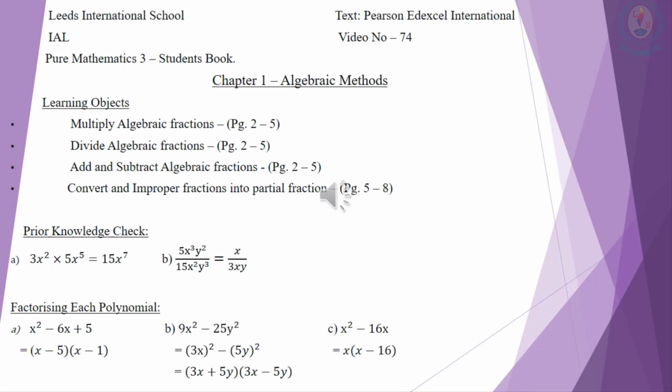Part B, factorize 9x squared minus 25y squared, that is equal to 3x to the power 2 minus 5y to the power 2, which gives you 3x plus 5y into 3x minus 5y. Part C, x squared minus 16x, where x is the common factor, multiplied by x minus 16.